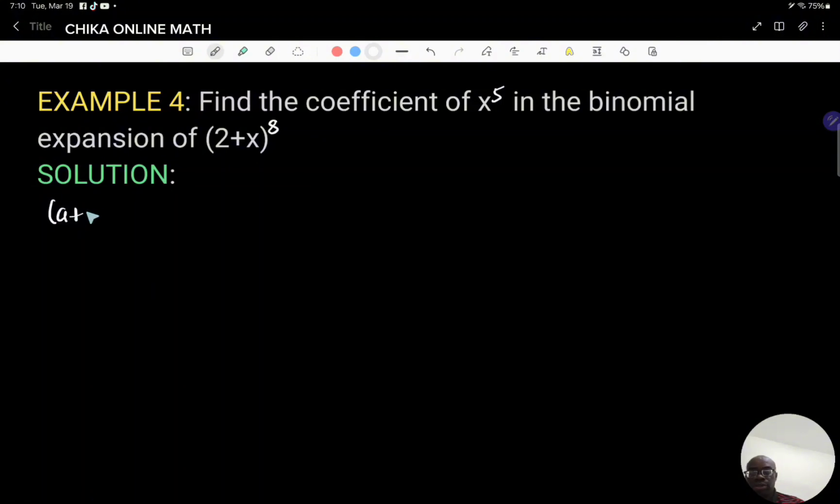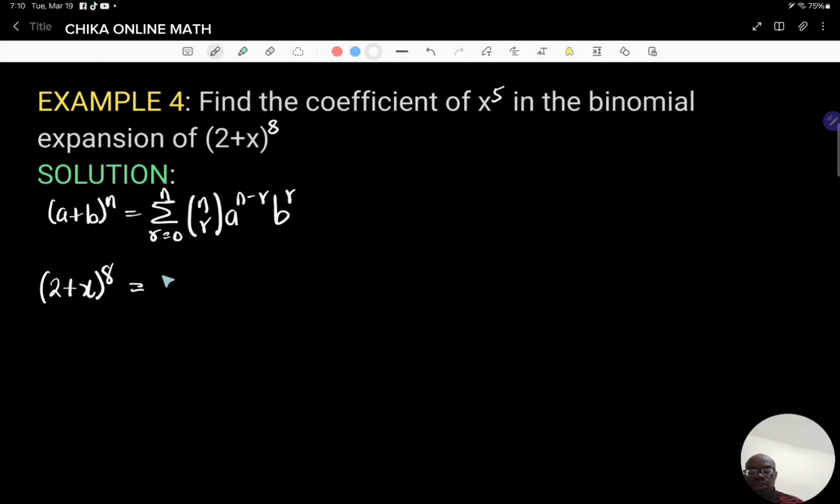A plus b to power n equal to summation r equal to 0 to n combination r a to power n minus r b to power r. So 2 plus x to power 8, which means our a is 2, b is x, and n is 8.